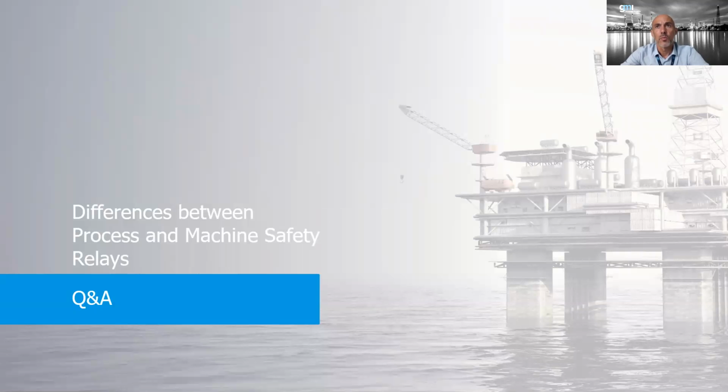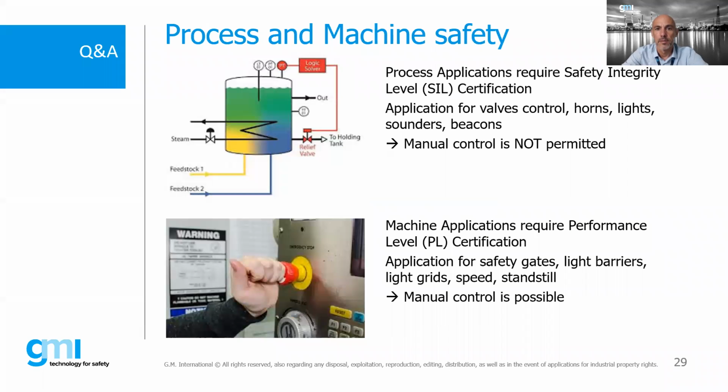Okay, the last question is about process and machine safety relays. There are a lot of differences, and you cannot use them for the same application. Process applications require safety integrity level, SIL certification. So we are talking about valve control, horns, lights, sounders, beacons.